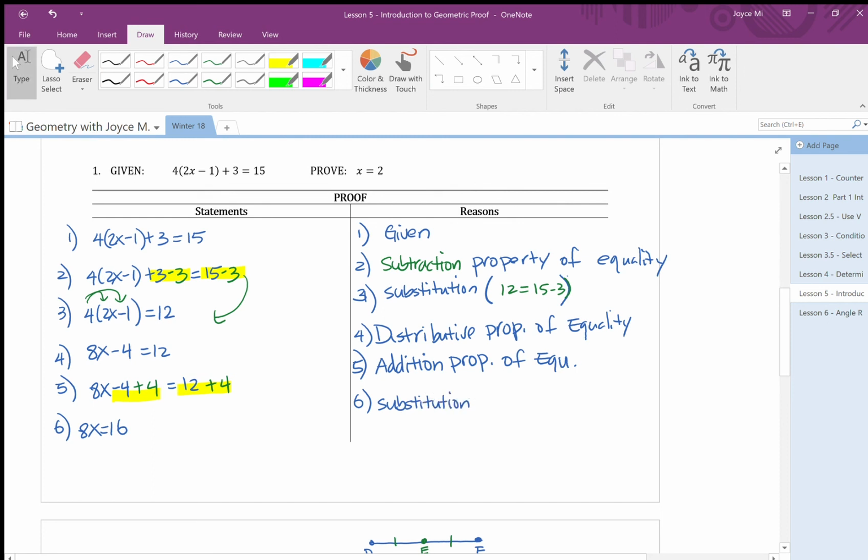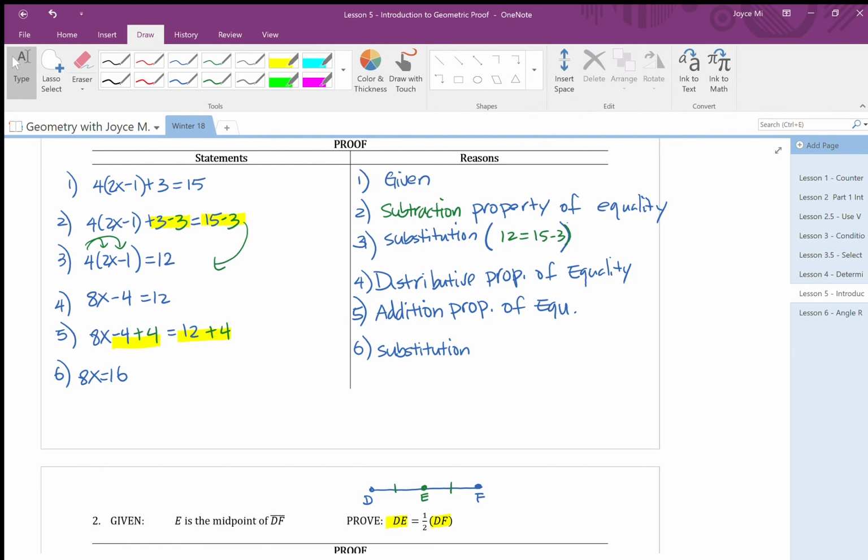Next step, I could divide both sides by 8, which is what we usually do to solve. So number 7, I say 8x divided by 8 equals 16 divided by 8. I divide both sides by 8.